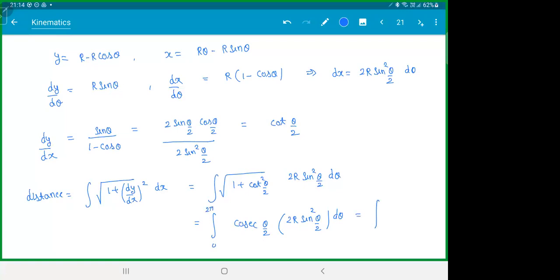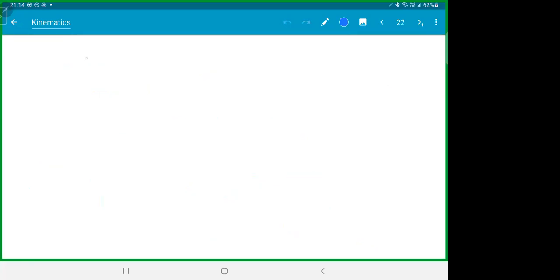So this thing turns out to be 2r, one sine will cancel off. You end up with 2r sine theta by 2 d theta from 0 to 2 pi. This integration would turn out to be 4r cos theta by 2. Let me show it on the next page. That would be 4r minus cos theta by 2. Limits will go from 0 to 2 pi.